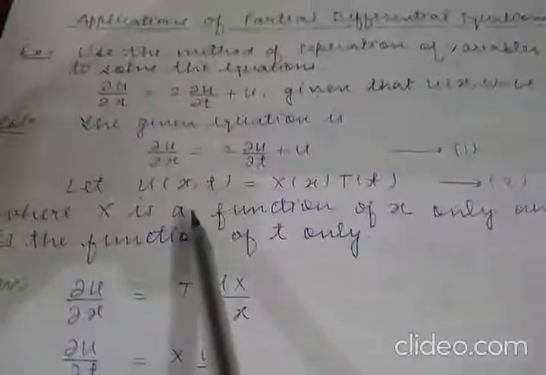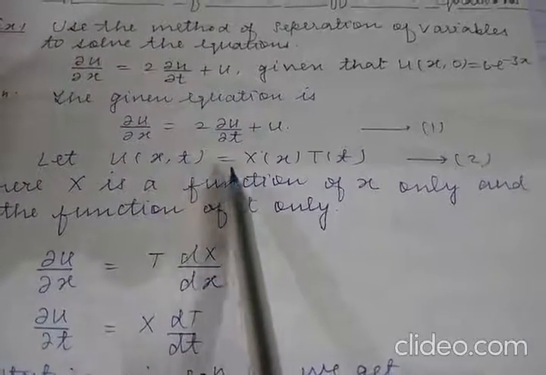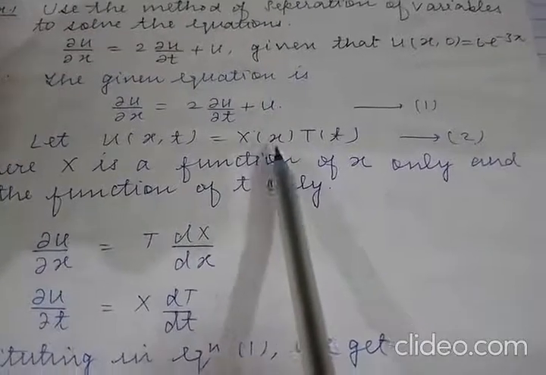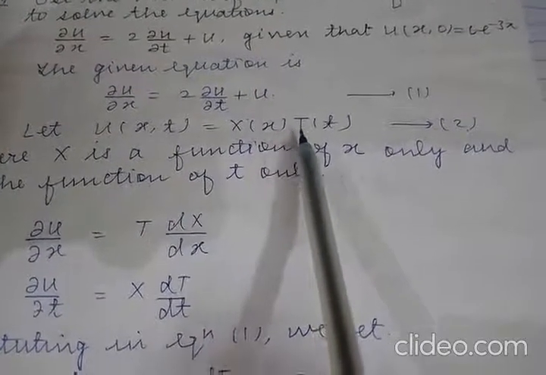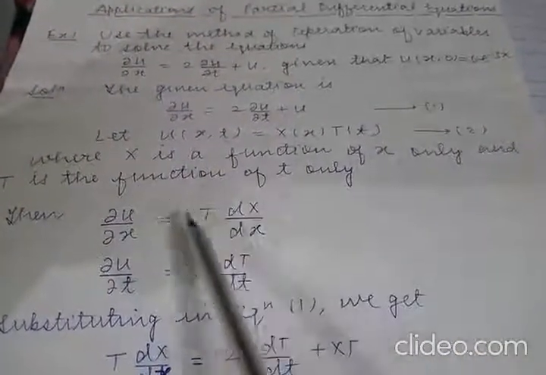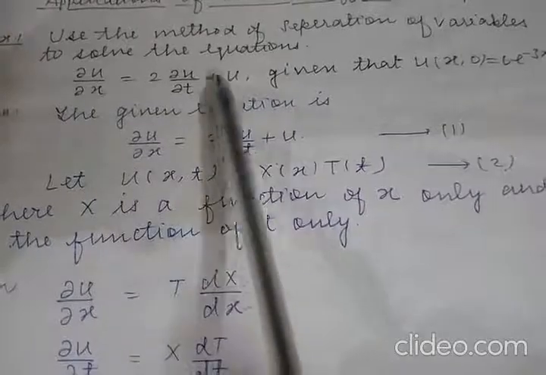We have taken u, the function of x and t, equal to the product of two functions, capital X, the function of x, into capital T, the function of t, where capital X is a function of x only and T is a function of t only.